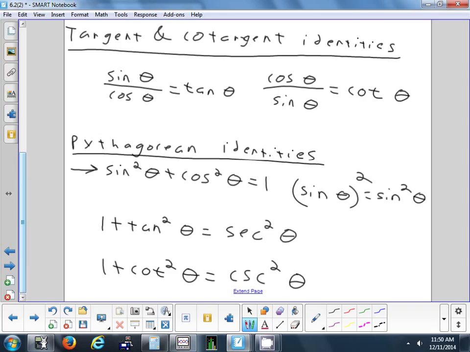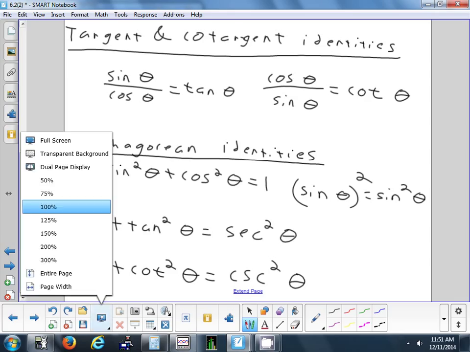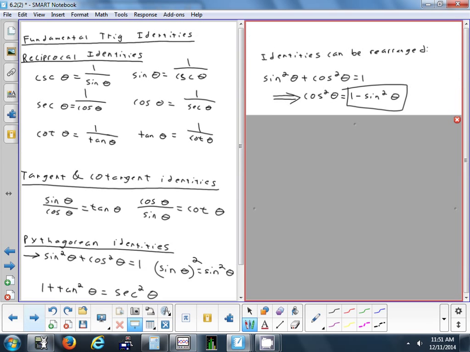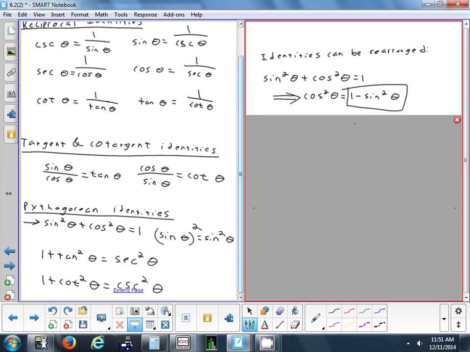Okay, and these Pythagorean identities can all be rearranged. Okay, I'll show you what I mean. So right now, the top identity is solved for 1. 1 is by itself on the right-hand side. Well, I could solve this identity for sine squared, or for cosine squared, by doing something like that.